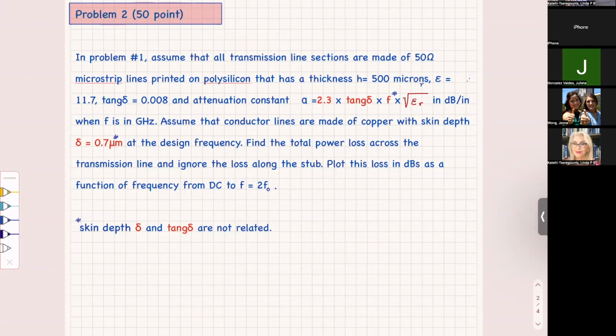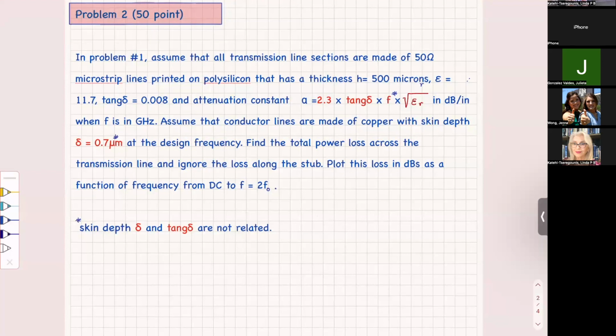So the dielectric has a dielectric constant which I'm giving you. You plug in loss tangent delta, you have it as a function of frequency, and you find the attenuation constant. And there is also a skin depth.